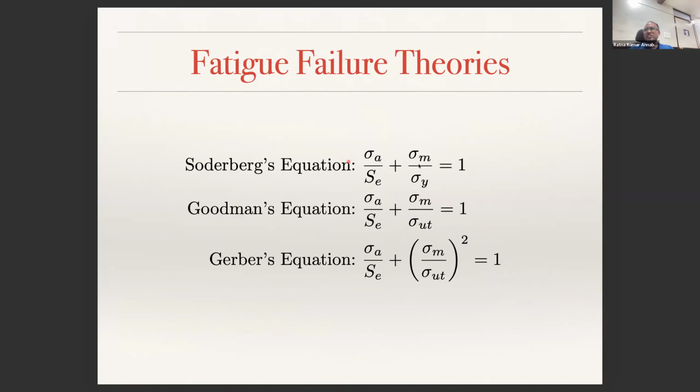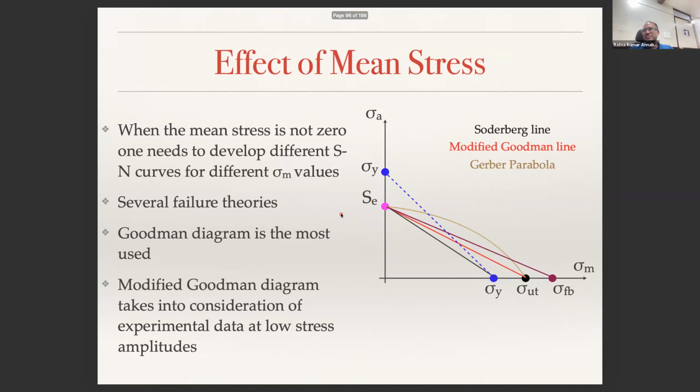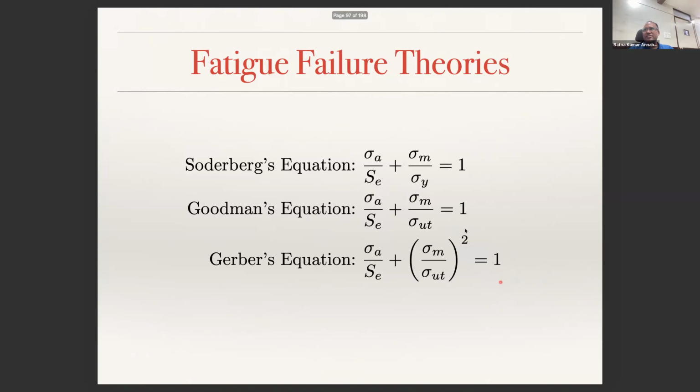So this is the Soderberg equation because it's a straight line connecting these two. Instead of sigma m denominator being sigma ut, it will be sigma y. Everything else remains the same. So these are the failure theories when you have a material subjected to a non-zero mean stress.